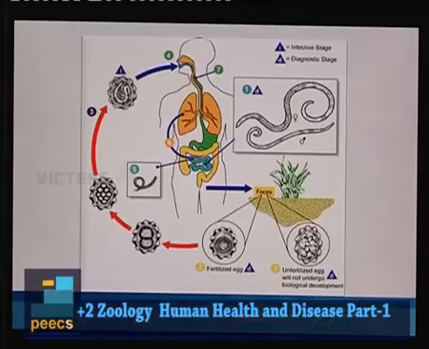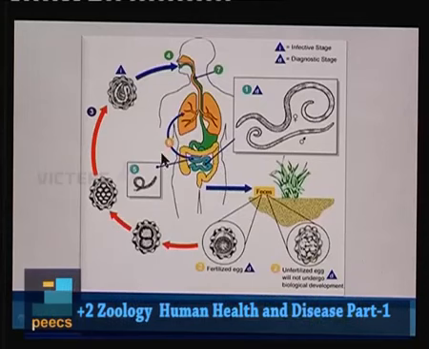Here you can see in this life cycle, there is male Ascaris and female Ascaris shown here. It is very clear there is sexual dimorphism. Male is having a curvature in the posterior region. So, now the Ascaris, how the infection happens, you can see it over here. From the fecal matter of the infected person, there will be fertilized eggs.